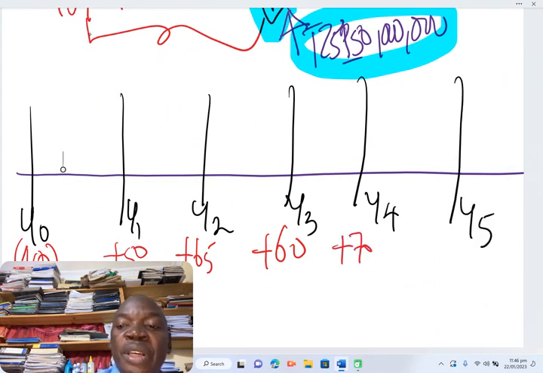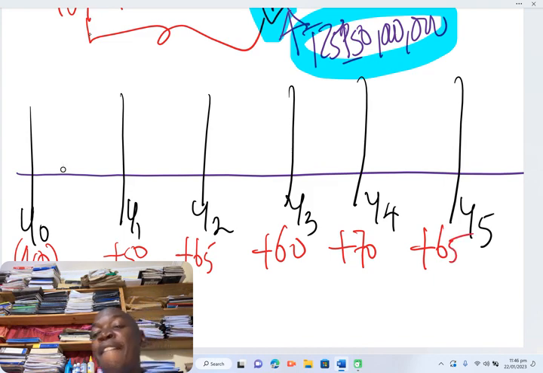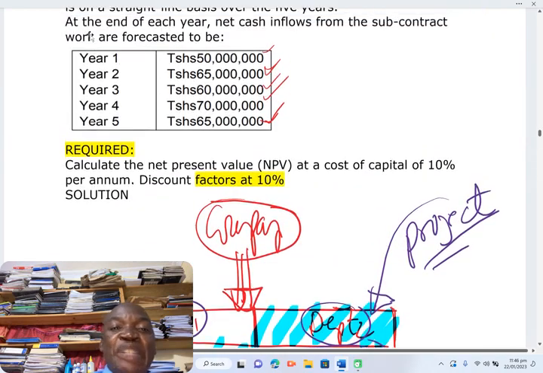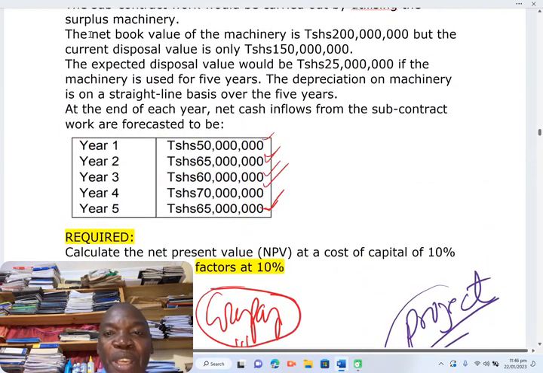And lastly, it is positive 65 in year 5. So this is the expected cash inflow if we invest in this project.